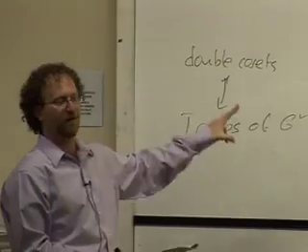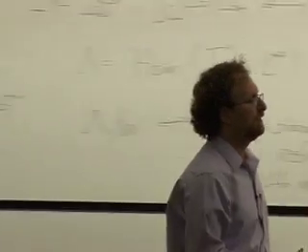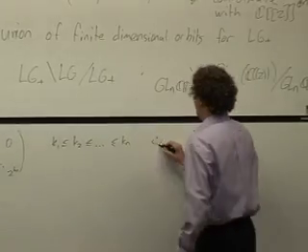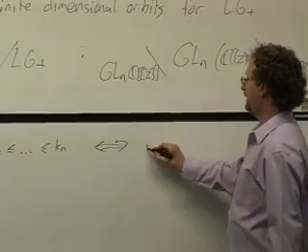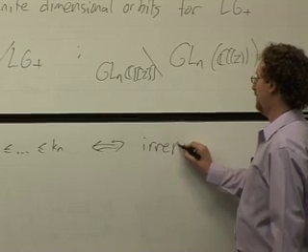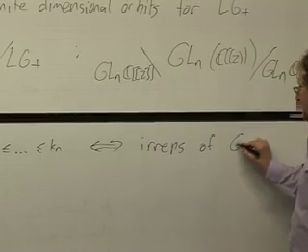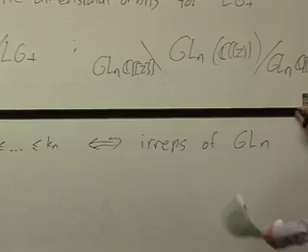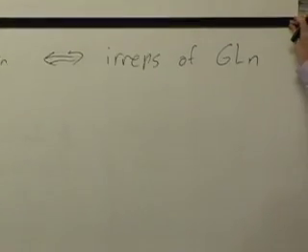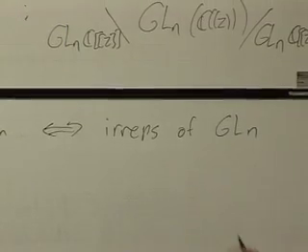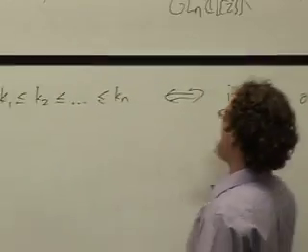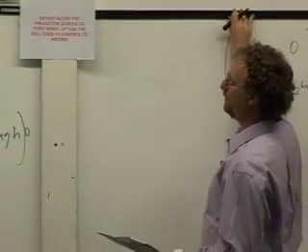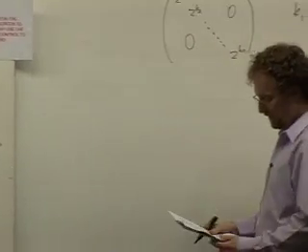In the case of GLn, this set of n-tuples of integers is also the set of data that labels irreducible representations of GLn itself. The maximal torus of GLn is C star to the n, and it's self-dual. So we could have gotten this wrong and missed the duality. In general, we notice that this is not irreducible characters of our group, but of something dual.